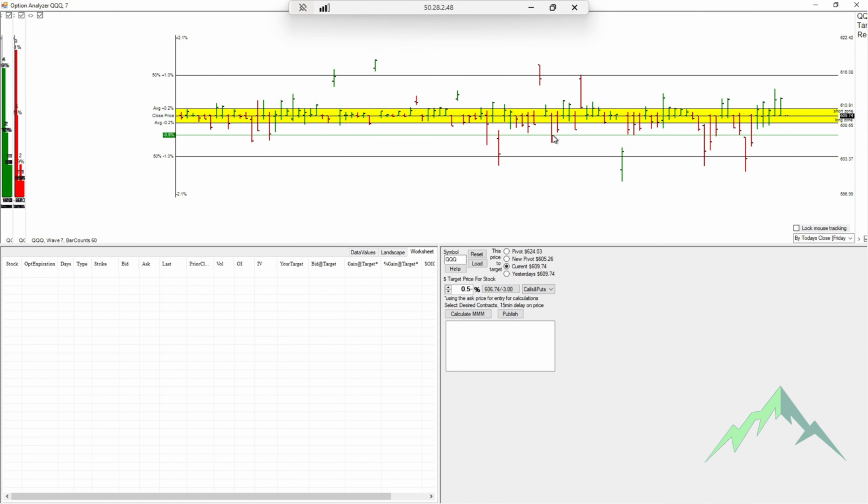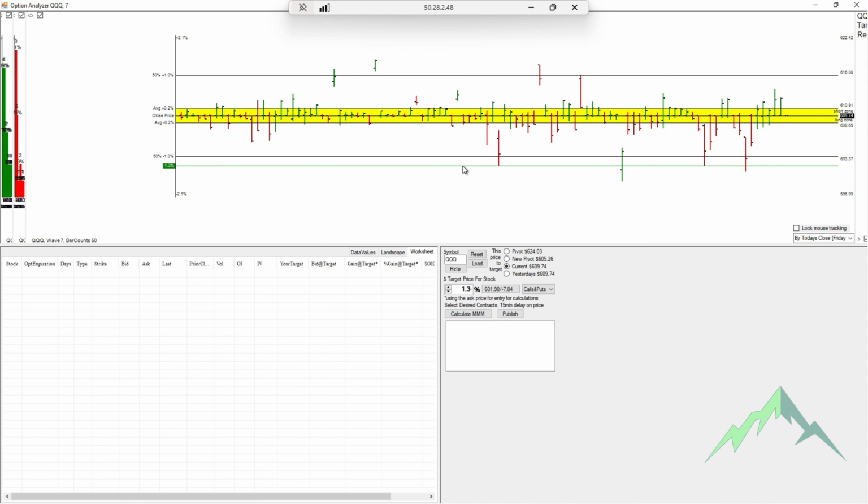You got 606.74. $605.49. $604.47. And you can see you have this previous reversal on this candle and this candle here, the lows of both of them lining up at about 601.9.